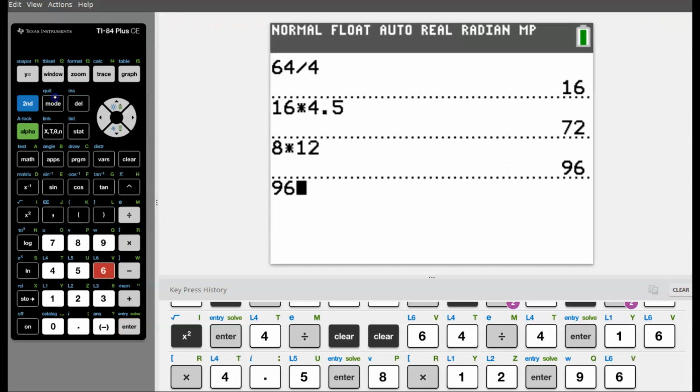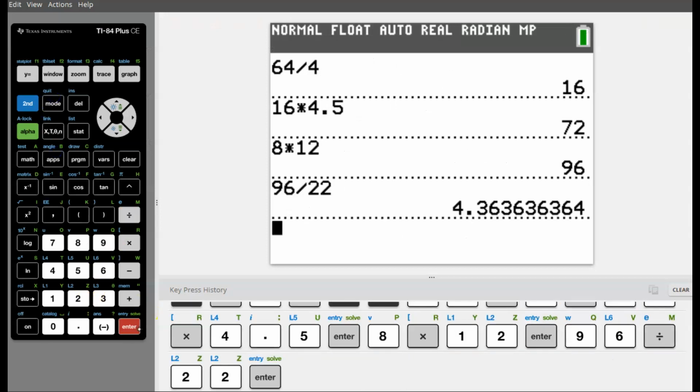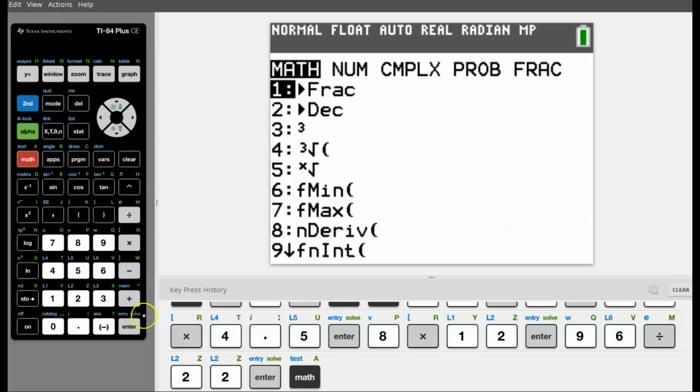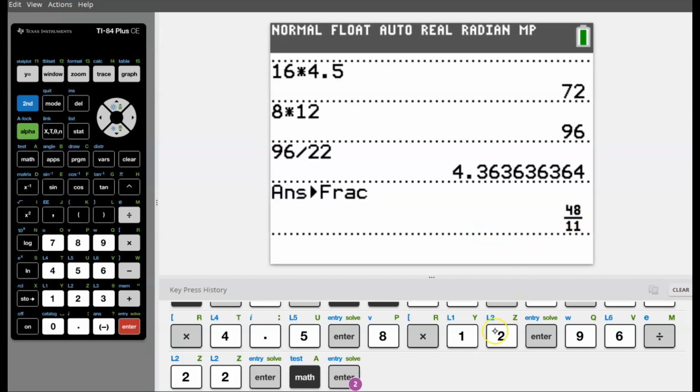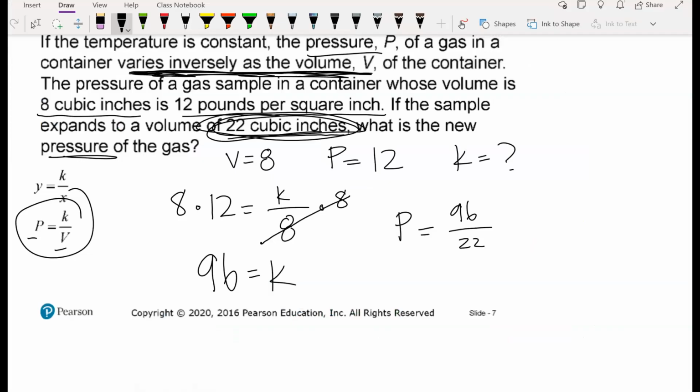So 96 divided by 22, we get 4.3636, so it's a repeating. So 48 over 11. So P equals 48 over 11, or 4.36.